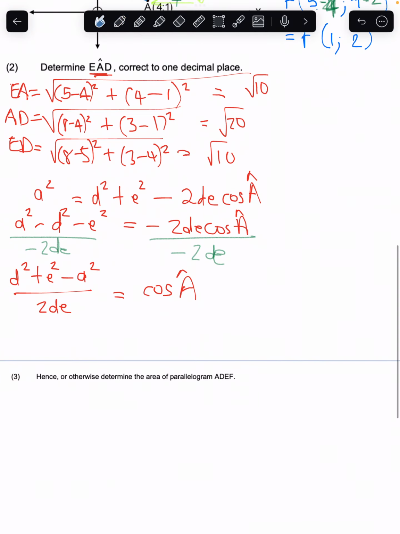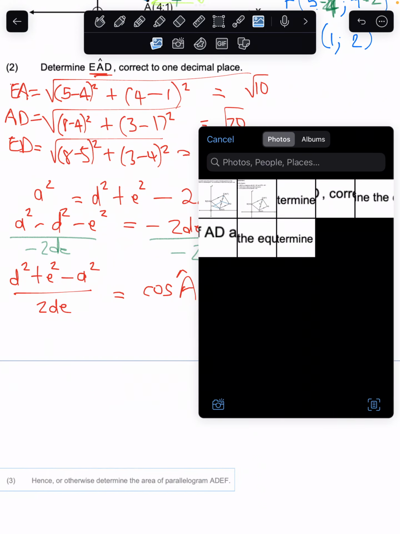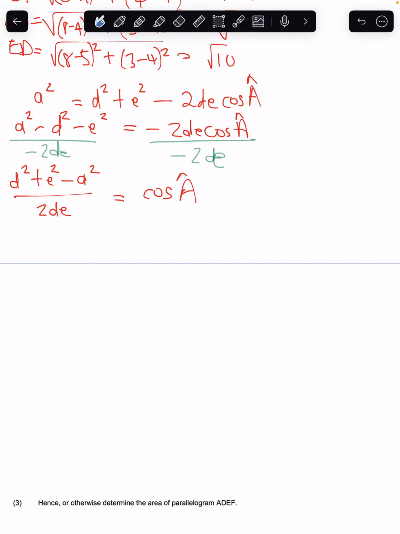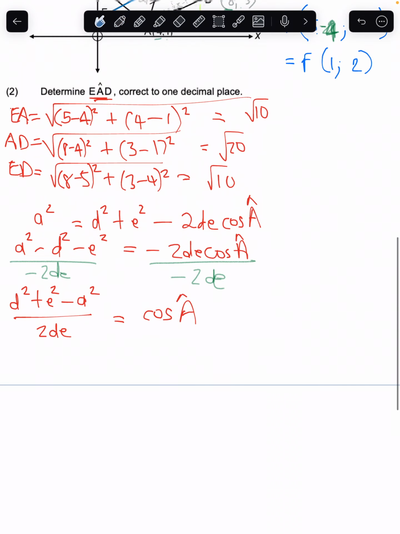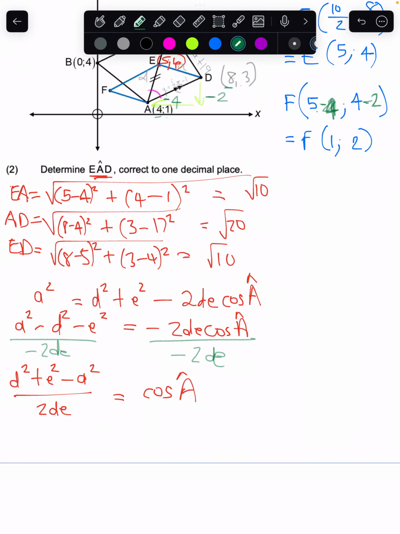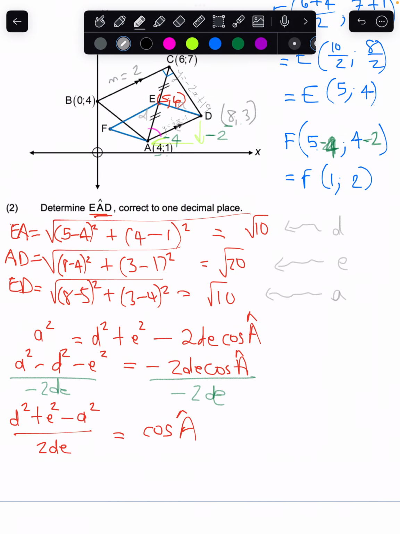Okay, right. Need to move this down again. Okay, so now we can say, this side over here, EA is D, AD is E, ED is A, right? Let's double check that. EA is D, yes. AD is E, and ED is A, yes.